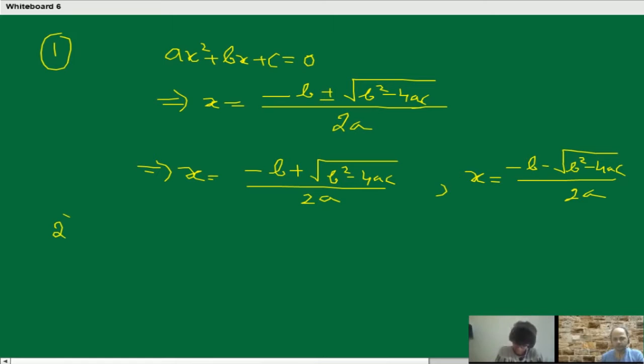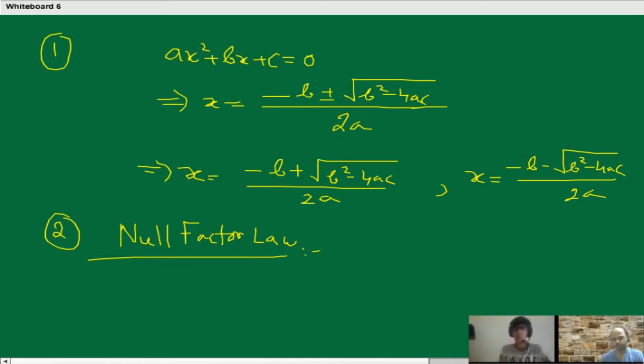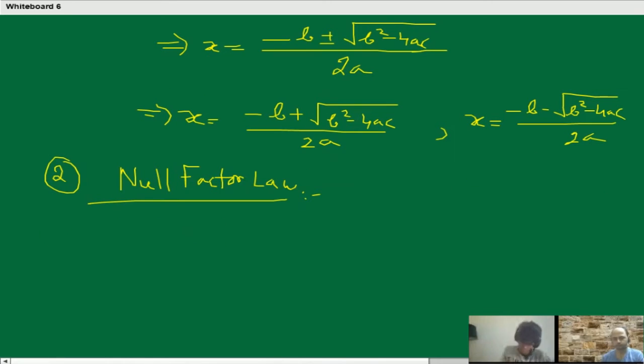Okay, so apart from this, there is also the null factor law. Are you familiar with this? No, I'm not familiar with it. Okay, so actually we used it in the last question, when we have two factors whose product AB is 0.